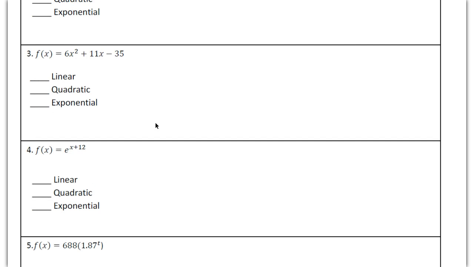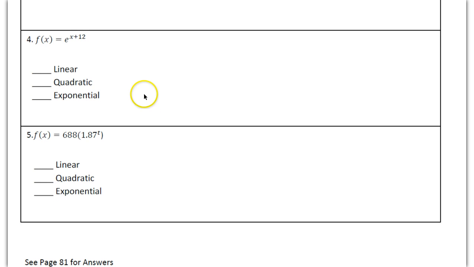In number 3, since our exponent is a number and it's to the second degree, that is x to the second, this is quadratic.